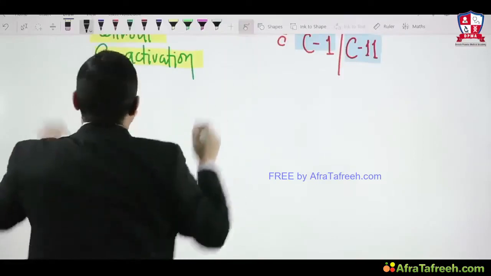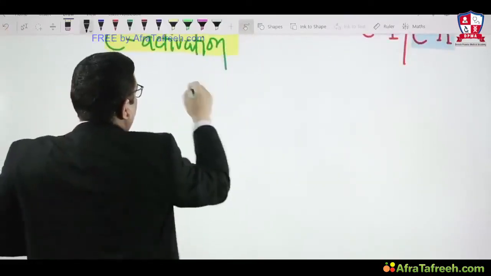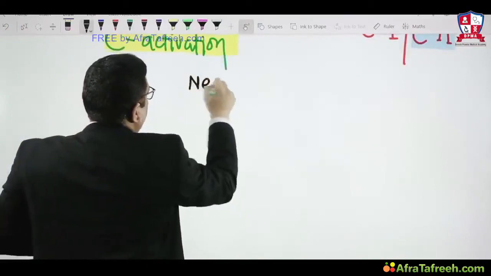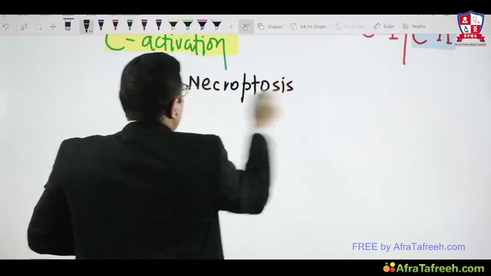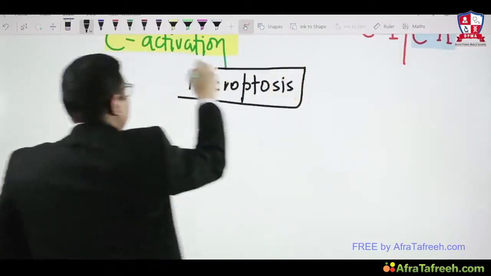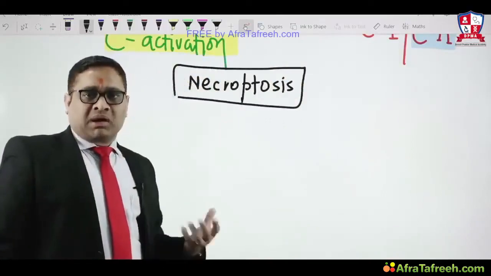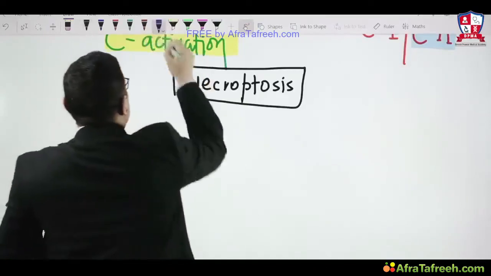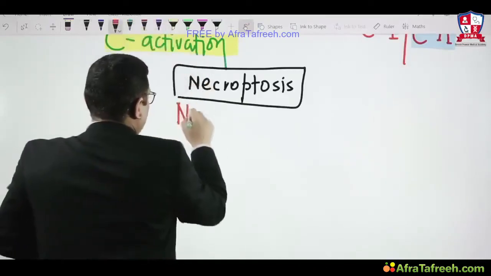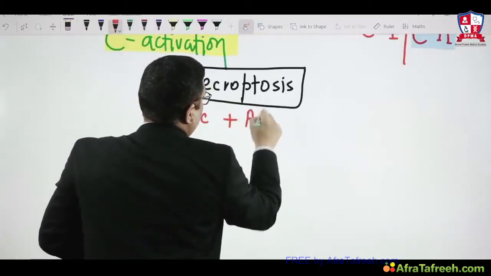So the first topic we are going to discuss is necroptosis. If you see, the name itself is informative, it reveals that necroptosis consists of necrosis plus apoptosis.